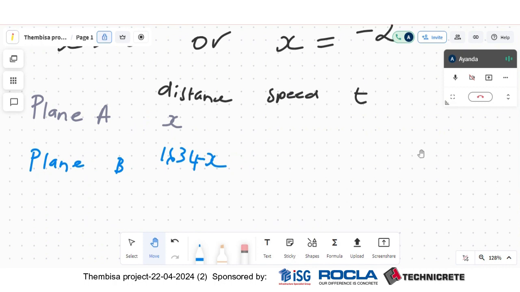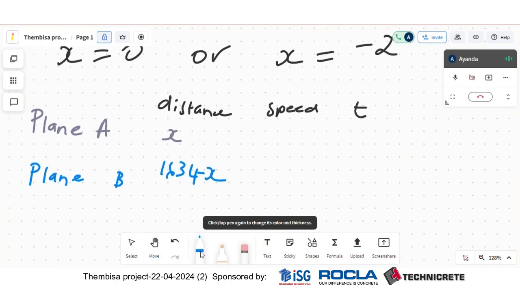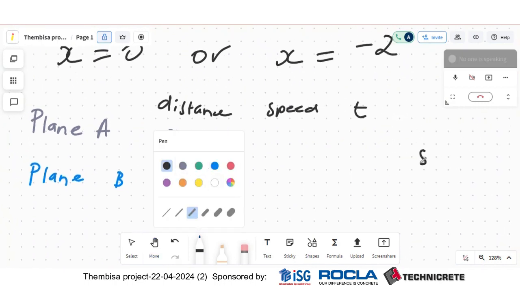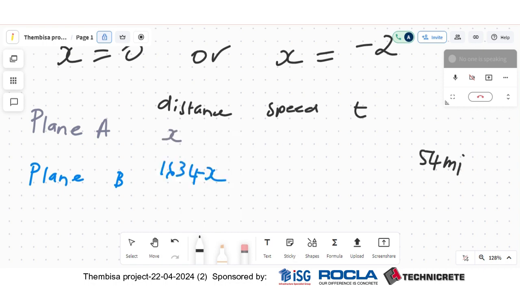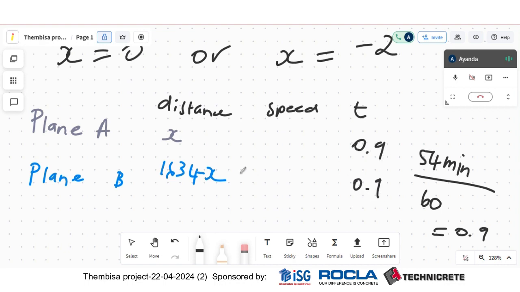We were told in the question that it took 54 minutes to get to the point where they met. If we divide that by 60, that gives us 0.9 hours. So it took both planes 0.9 hours to get to the same point.